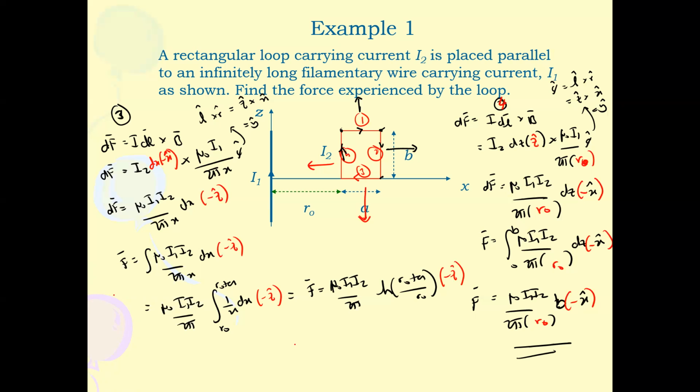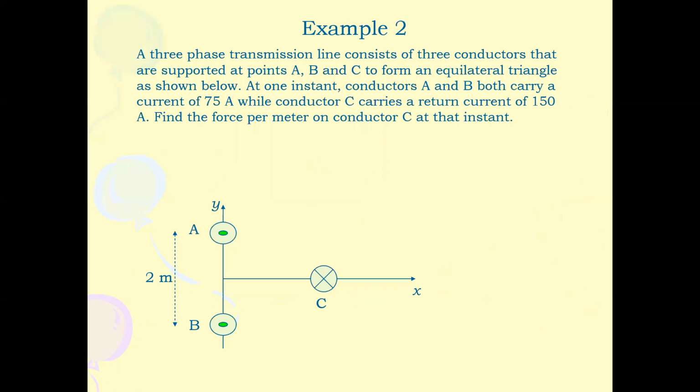To find the total force, we simply add the force due to side 1, side 2, side number 3, and finally side number 4. That should be the total force produced on this loop due to the I1 current.